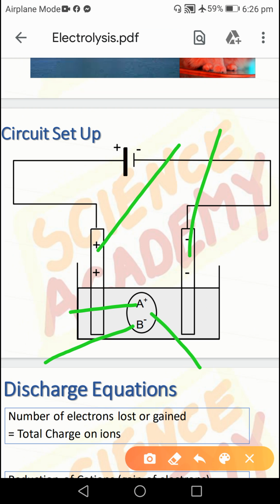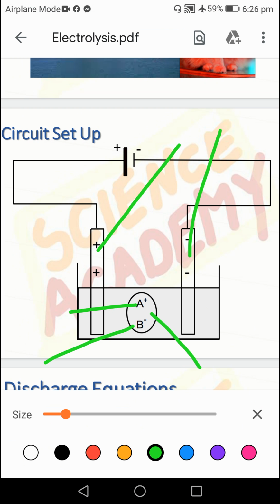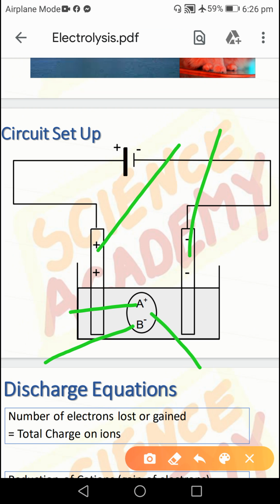So let's start from anion. Anion means a negative ion. So this B around here must be the anion. B is the anion, the negative, so it should go to the positive rod. So this positive rod is the anode.